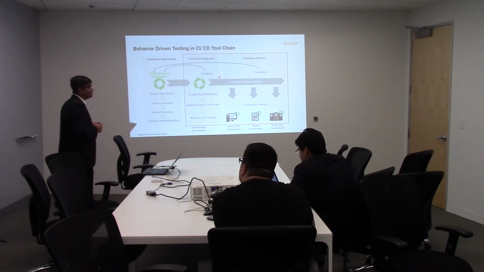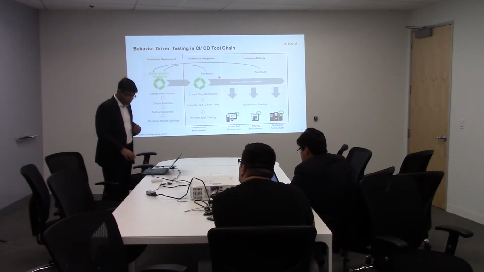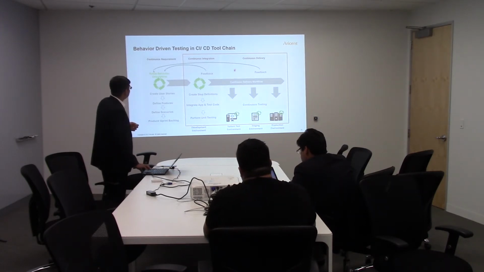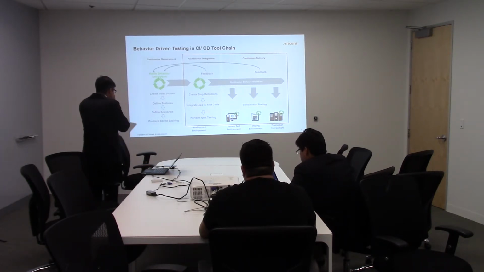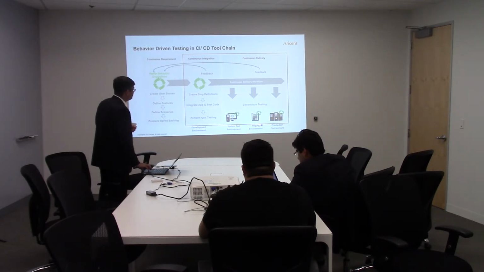In DevOps, what we have today is continuous integration and continuous delivery. Continuous integration means the software components, as they are written, are continuously integrated, unit tested, and so on. And continuous delivery means once they are integrated into a package, they go into different test environments, like the system test environment, staging environment, production environment, and so on, and they get tested.